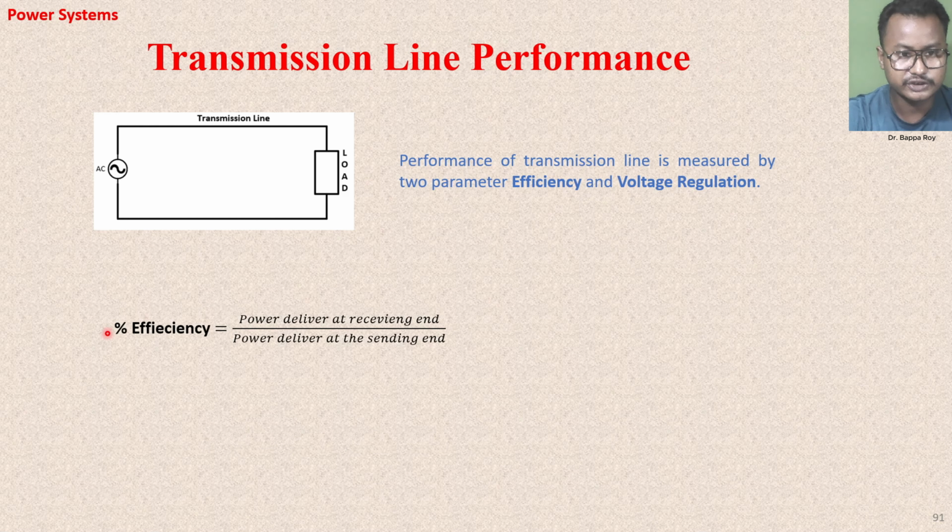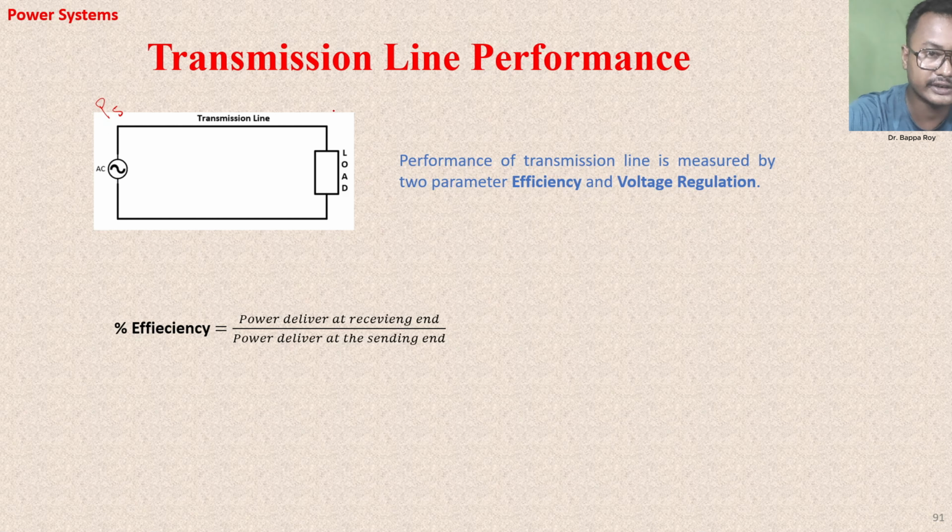So the percentage of efficiency calculation formula is simple. As you can see, it is the power delivered at the receiving end by the power delivered at the sending end.